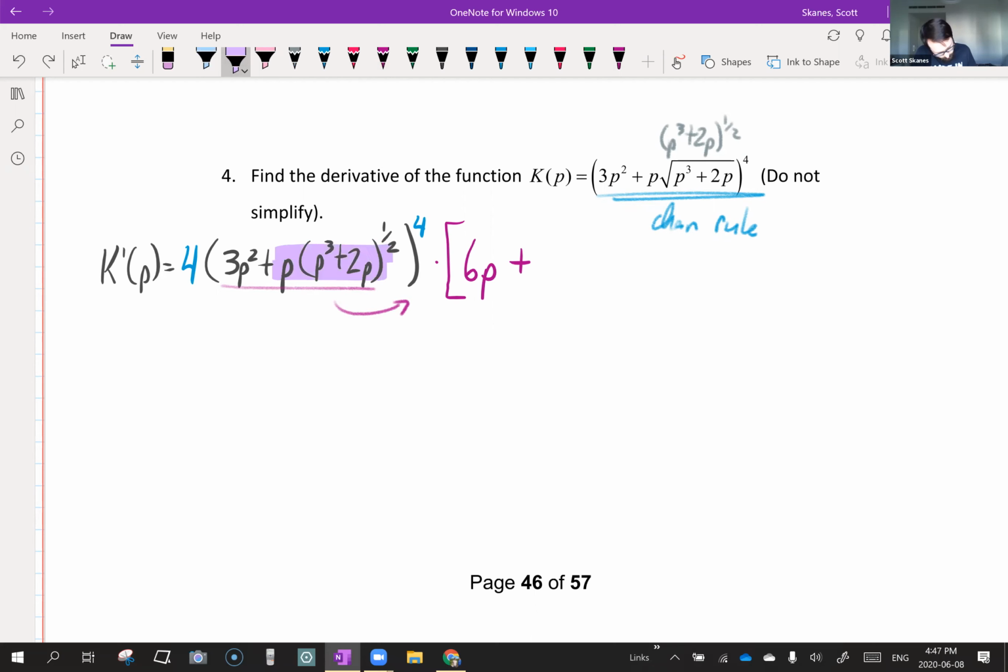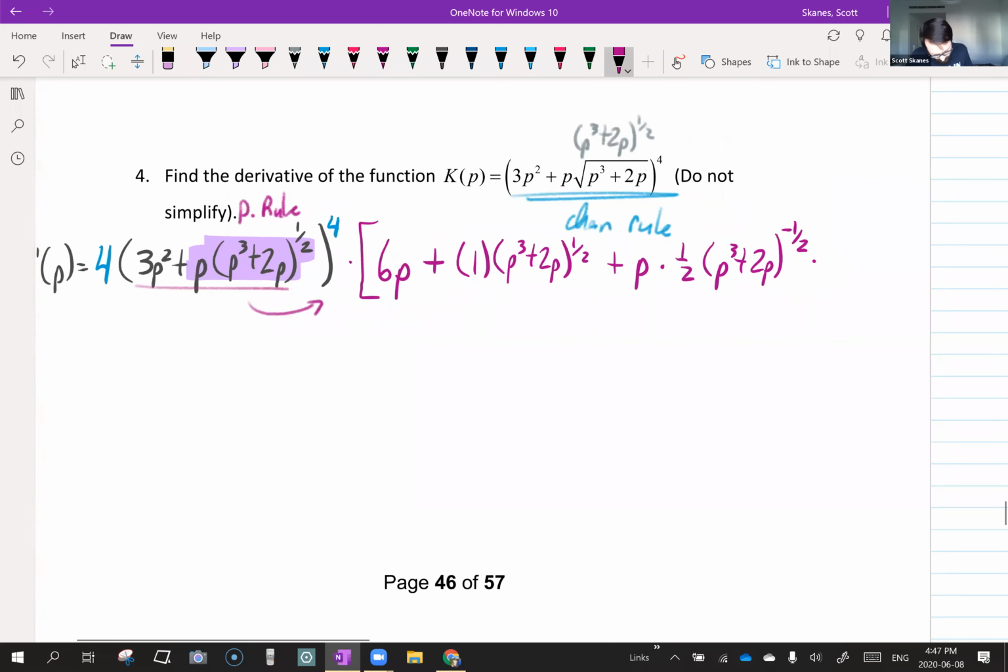So this is our product rule, and that's where I'm going to start right now. So the derivative of the first one, keep the second one the same, plus the first one, and the derivative of the second, which is 1/2, keep the inside the same, reduce the power by 1, and get the derivative of the inside.